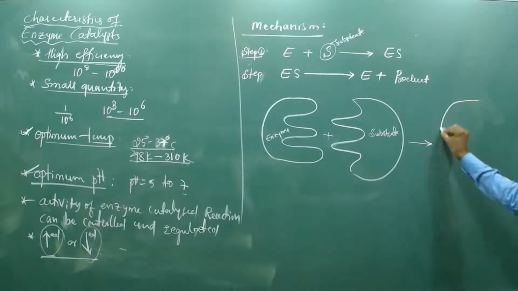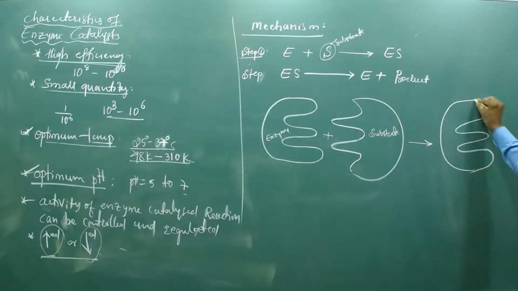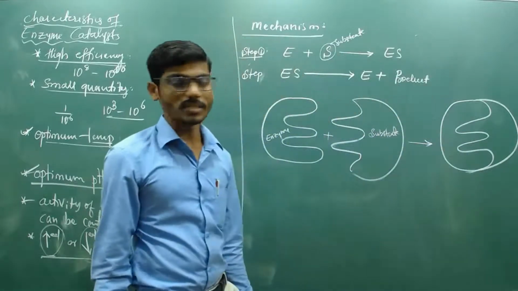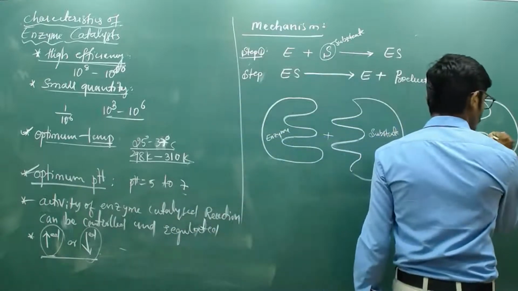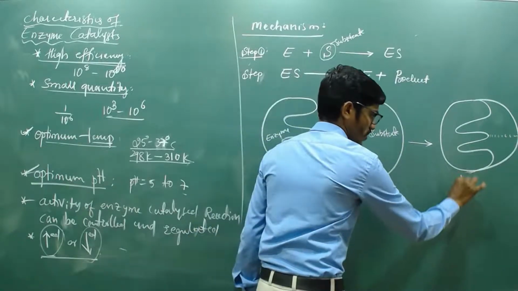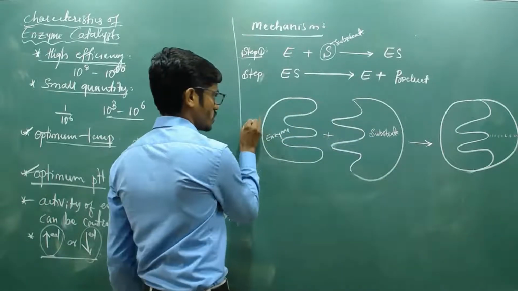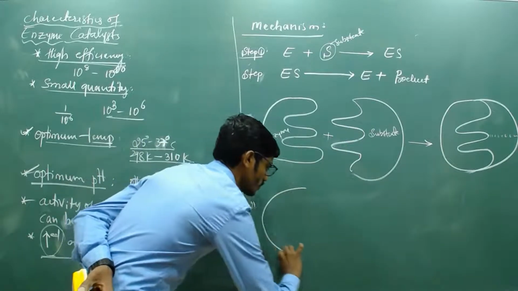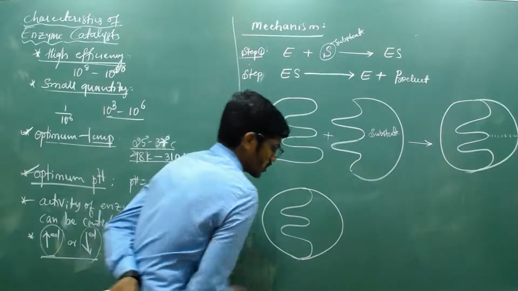In the enzyme substrate complex, the substrate is converted into product. This is step 1, whereas in step 2, the enzyme substrate complex, ES, produces the product.